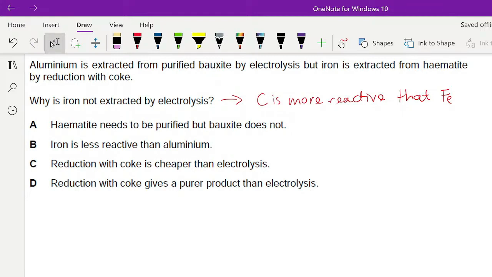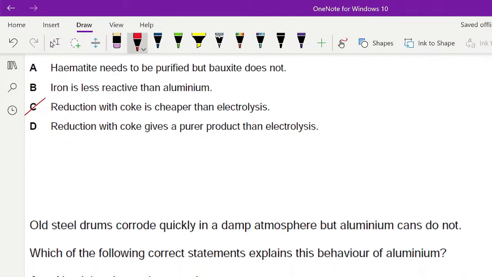All right, so will it work with electrolysis? It will work, but it's much more expensive because you need to melt iron 3 oxide. Okay, so the answer is reduction with coke is cheaper than electrolysis.